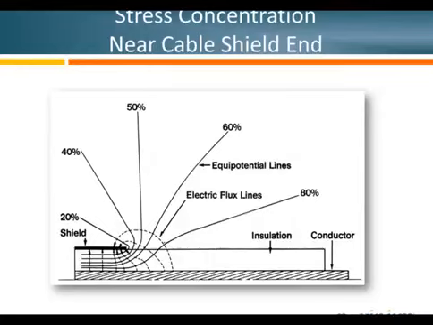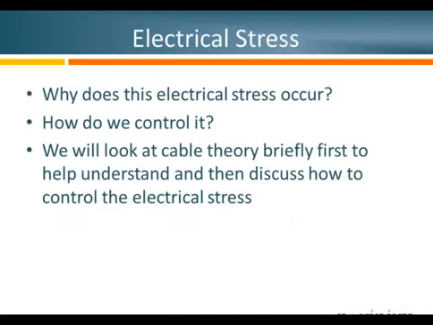So what we do with accessories is they overcome that high concentration of electrical stress at the end of that insulation shield on the cable. And we will discuss these equipotential lines and the flux lines and how those work together as we get into the discussion of the electrical stress.